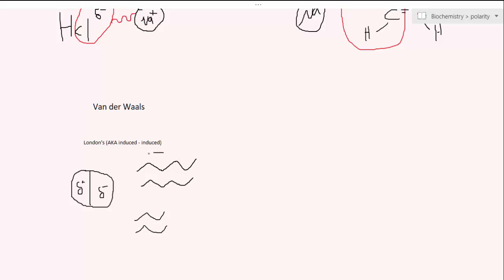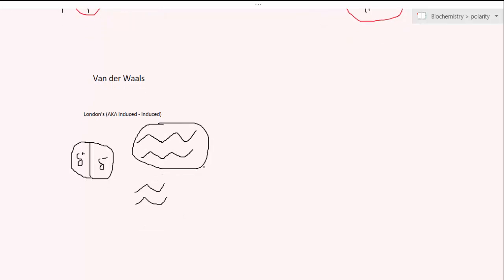So since this is larger, it will interact via London dispersion forces more than this smaller molecule. And these London interactions are important in very large molecules like proteins. All of van der Waals are important in proteins and other large molecules.